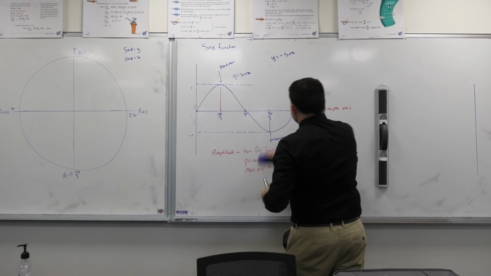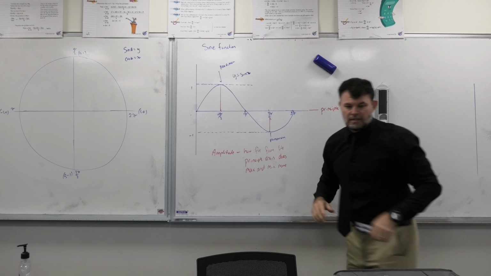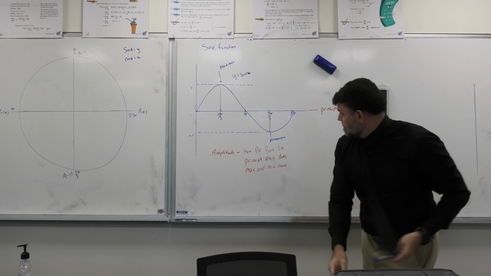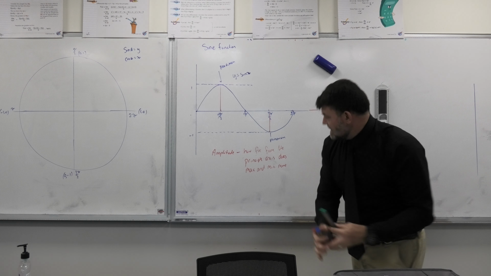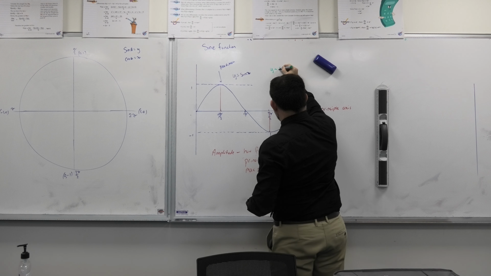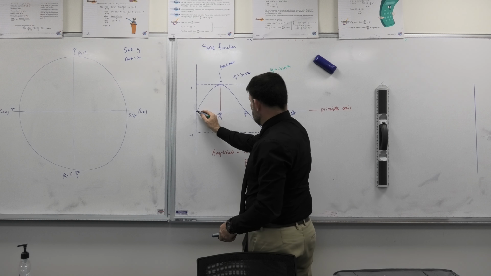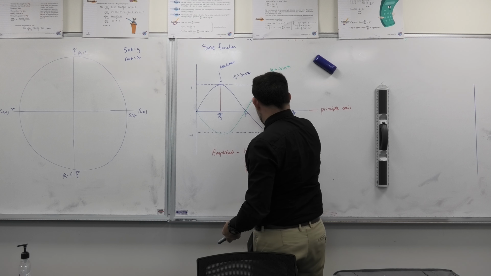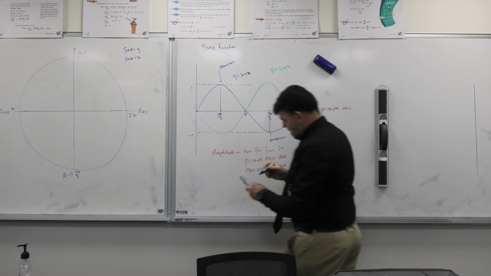For instance, if we did y is equal to negative sine x, then all we're doing is the opposite of what we did before. We come down, up, and over.